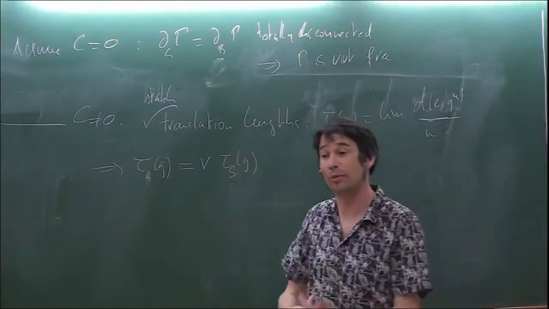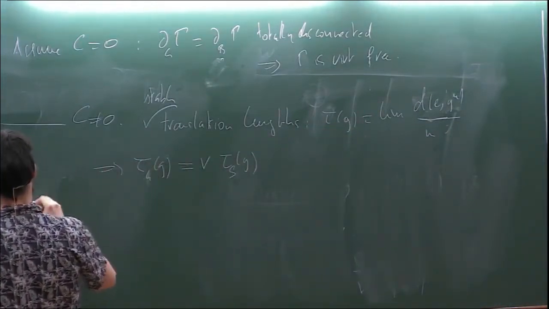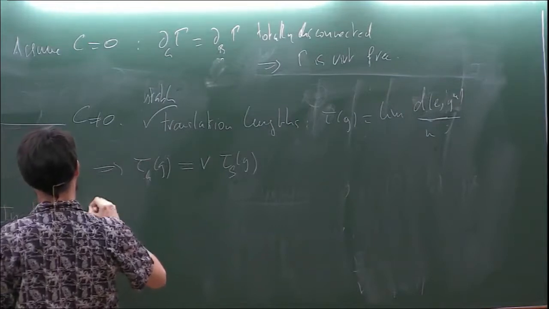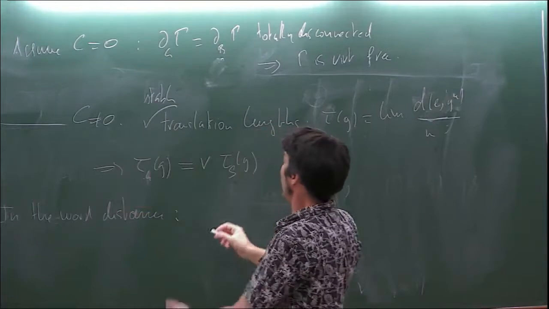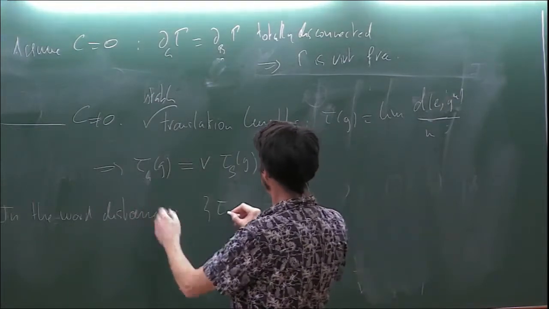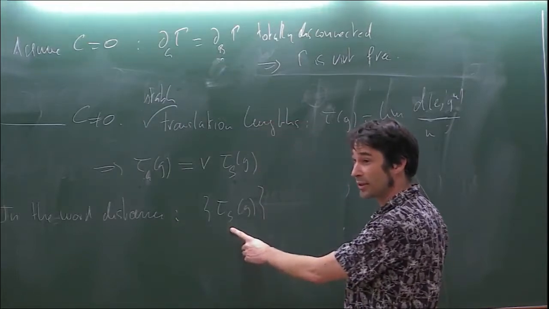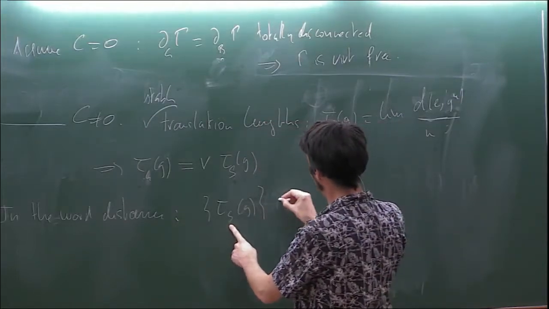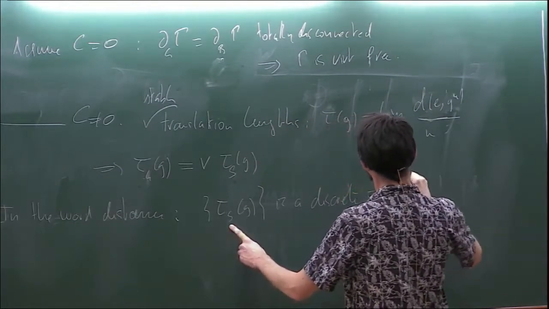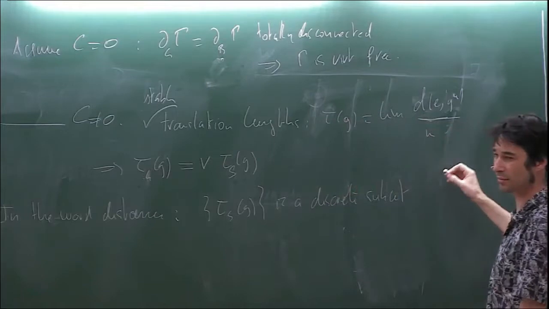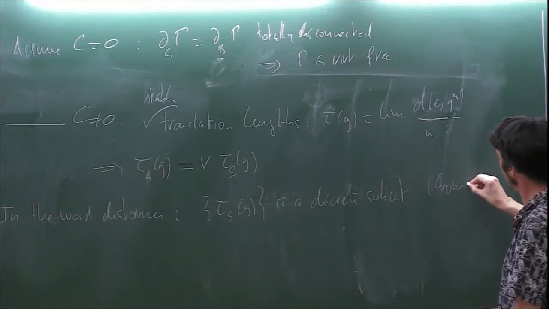So what do we know in the case when you work in the word distance? Well, we know that all these numbers form a discrete subset of R. I suppose this is Gromov, because when I don't know who it is from, it must be Gromov.